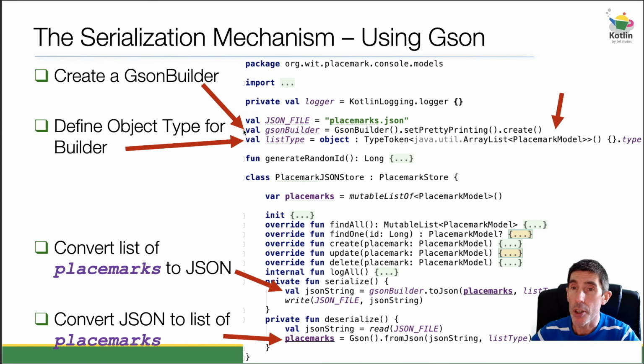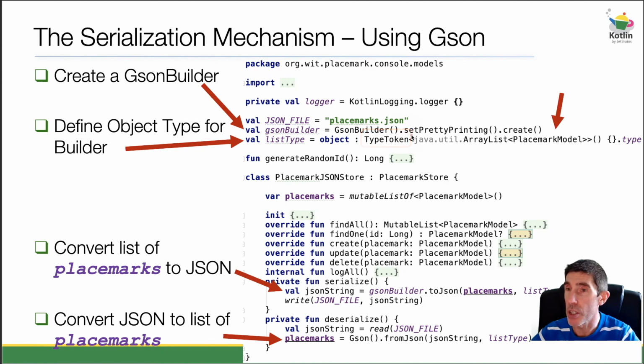This is another important bit here. We define the object type. The syntax looks a bit strange, but essentially we're declaring our list type. We say object, and it's of type token, so it's a type token object.